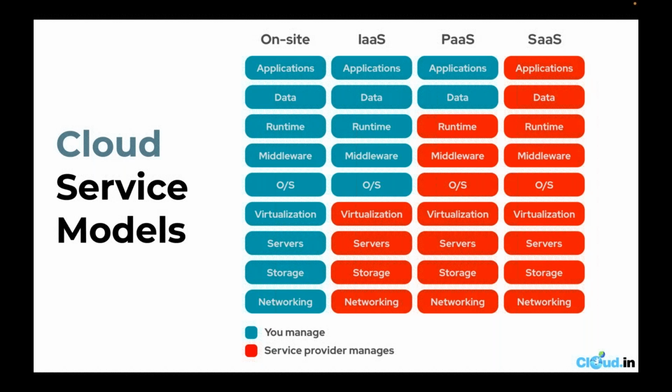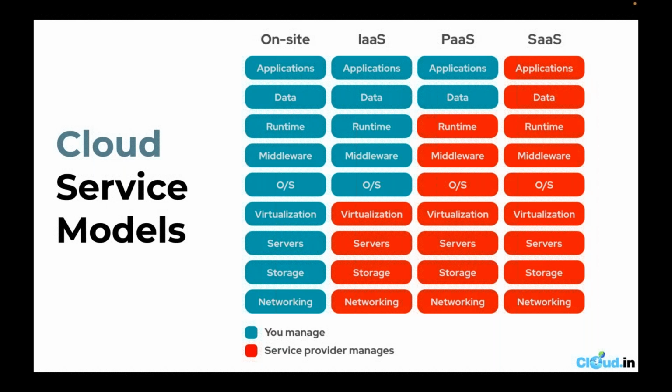So as you can see from the diagram itself, when it's on-prem, like the traditional setup, you have to manage everything, as you can see in the diagram, from applications, data, runtime, middleware, OS patching and everything, virtualization, servers, storage, and even networking. Everything was managed, maintained, and done by the client itself in its traditional manner.